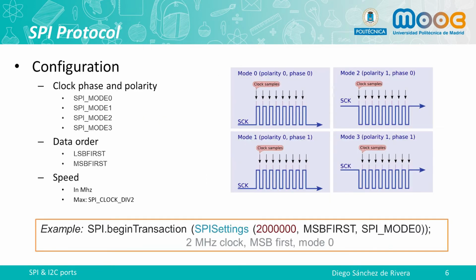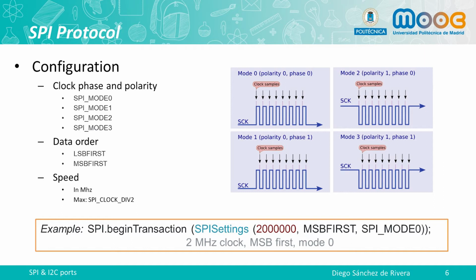The SPI standard is loose and each device implements it a little differently. This means that you have to pay special attention to the device datasheet when writing your code. There are four modes of transmission. These modes control whether data is shifted in and out on the rising or falling edge of the data clock signal, called the clock phase, and whether the clock is idle when high or low, called the clock polarity.